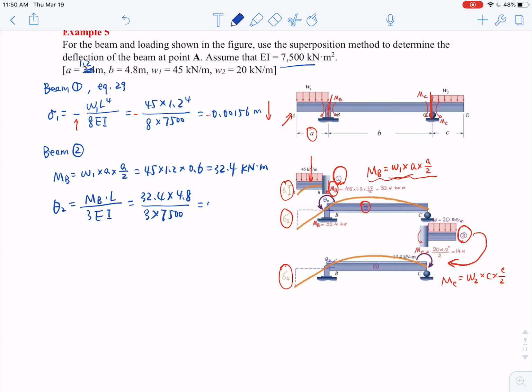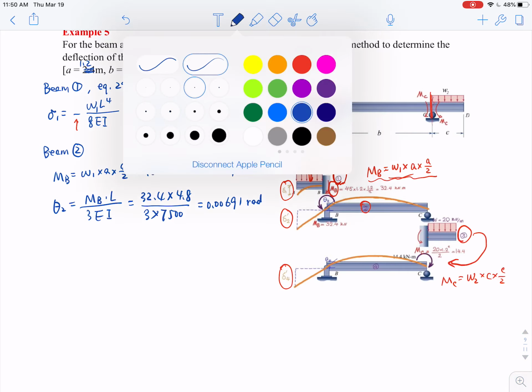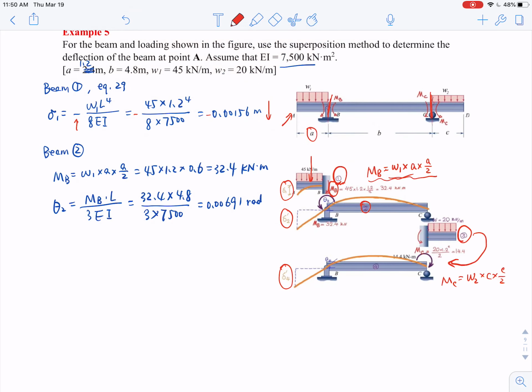You get 0.00691 radian. Here we're using equation 7, the first equation, to calculate theta 1, or in our case theta 2.